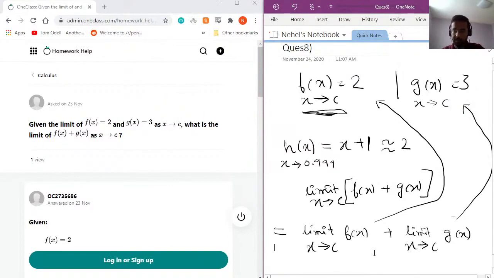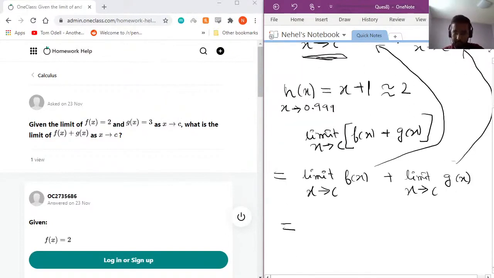So from that we can easily say that the limit of f of x for x tends to c becomes 2, and the limit of g of x when x tends to c becomes 3, and our final solution becomes 5.